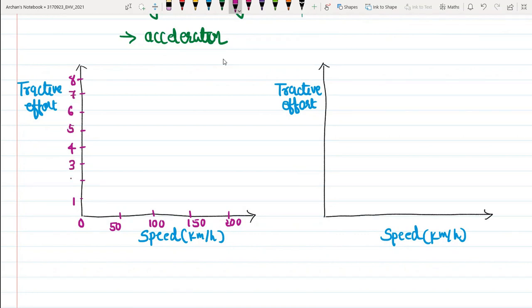Now we have the characteristics, very well known to us, right? So let me draw these lines first. These are the reference lines for us.